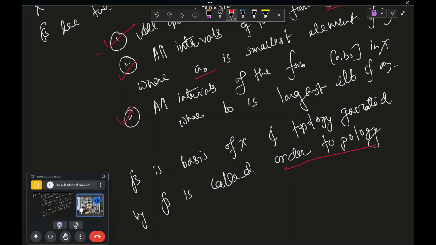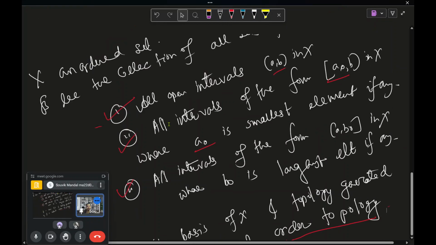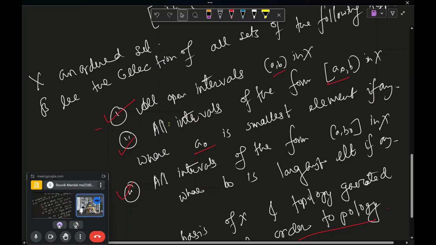So for the order topology, what we need first is a non-empty ordered set, and a collection beta having all possible open intervals, all possible half closed intervals where the left side starts with the smallest element if any, and all possible half closed intervals where the right side ends with closed b naught, the largest element.